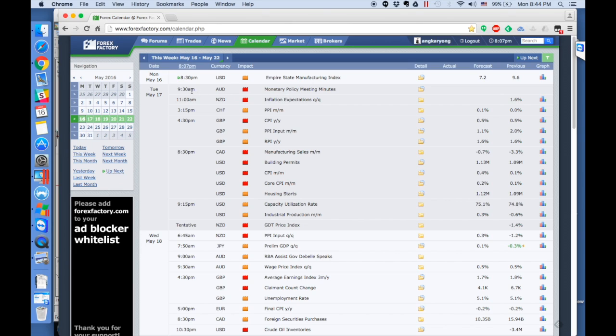Then after that you follow with New Zealand inflation expectations. This will definitely move the market because it talks about the expectation of inflation in New Zealand. So this is important. Then following that, you have CPI, the Consumer Price Index, which is also very important.